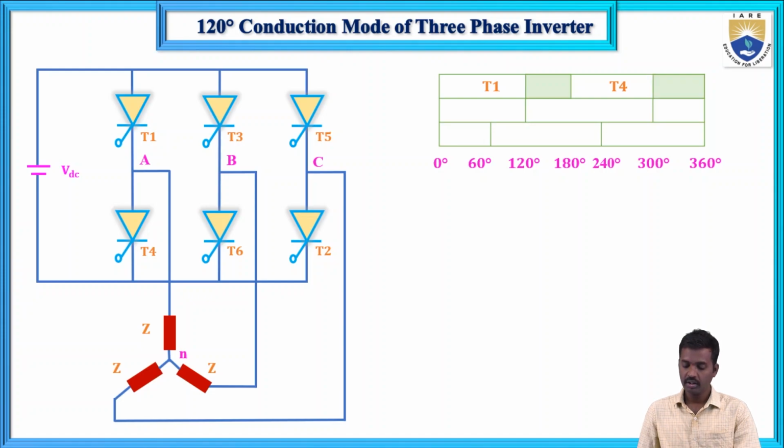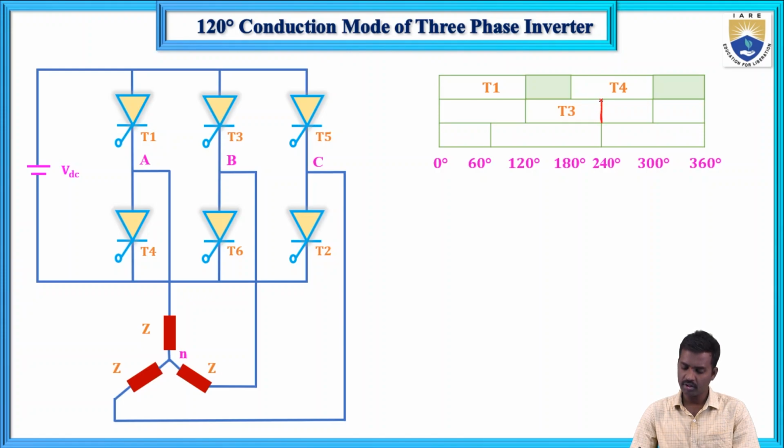And next here, in order to get the balanced output voltage, the upper group switches conduct 120 degrees apart. So T1 starts at 0 degrees and T3 must start at 120 degrees only, 120 degrees apart.